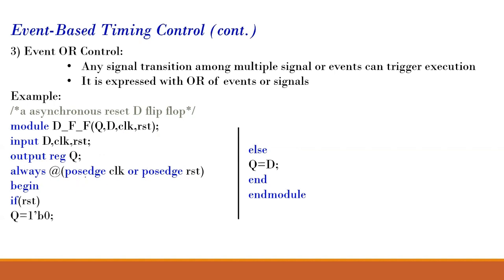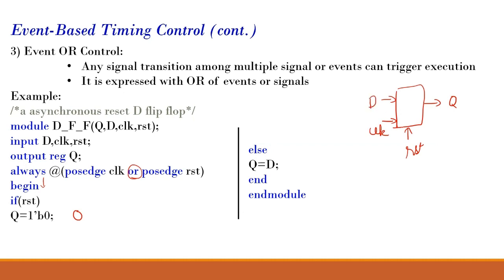If any of these events come, then it will go into this line of code. Once the event comes, it will go into any of these events because we're using OR. So when it goes in, it will check if the reset is high, then it will give value Q0, else it will give the value D. So this is like a D flip-flop, okay?